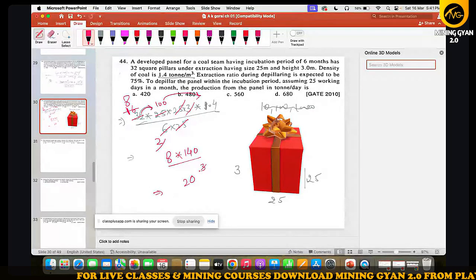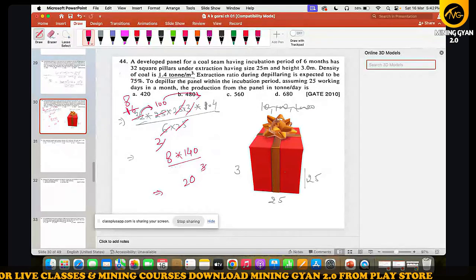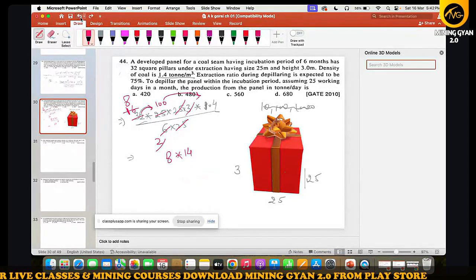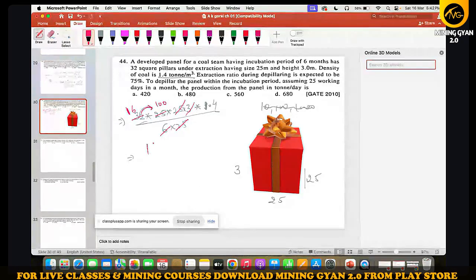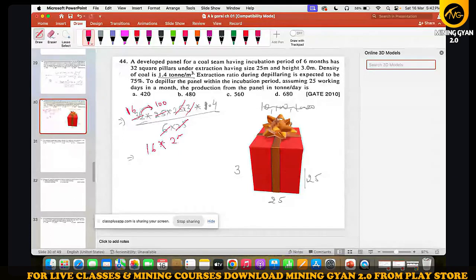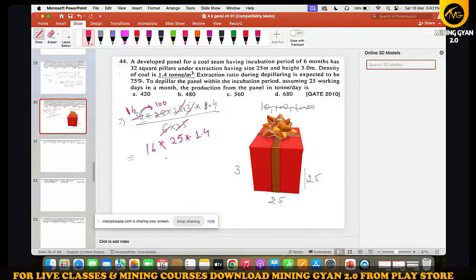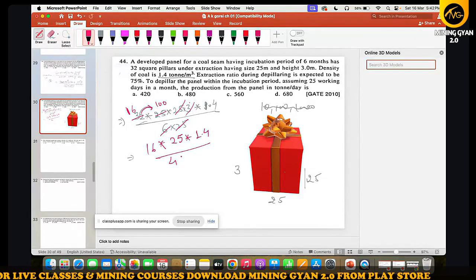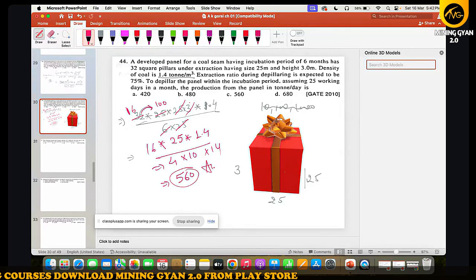I have made a mistake. Okay, 16. So it will become 16 into 25 into 1.4. I left it down. It will become 4 into 14. We will get 560.